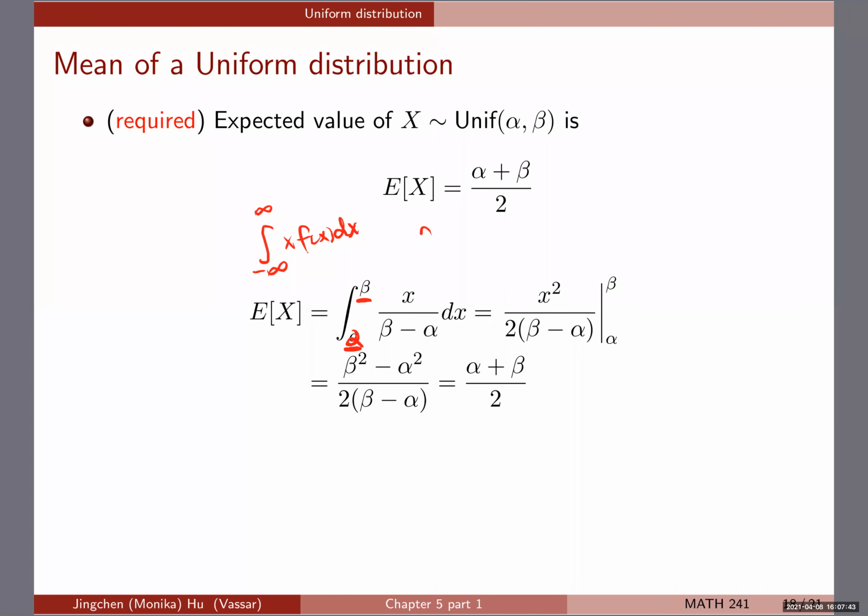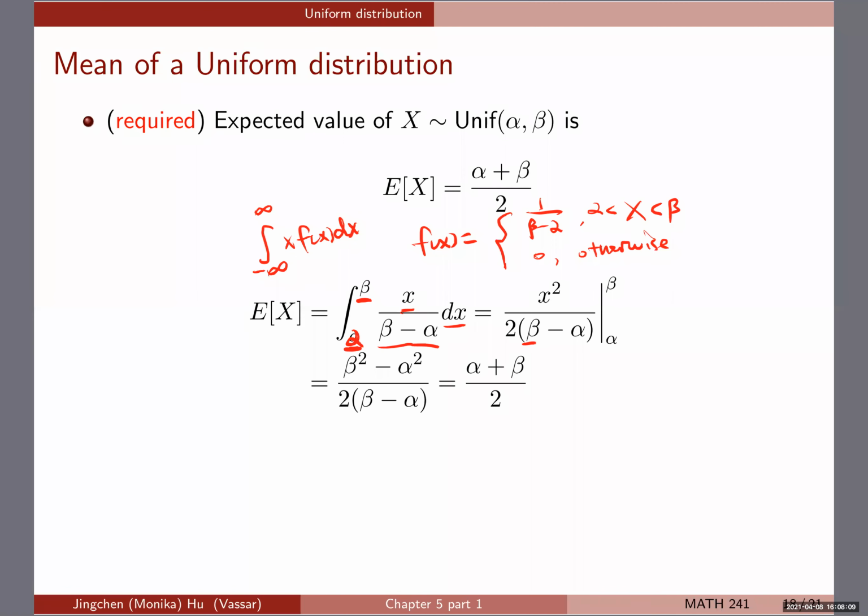Let me write out f(x) over here: 1 over beta minus alpha when x is between alpha and beta, and 0 otherwise. So we have x times 1 over beta minus alpha, dx. The rest is, again, calculus 2, so just do it really carefully.